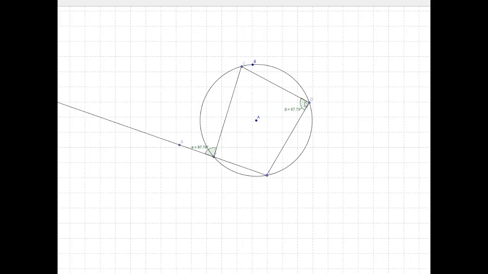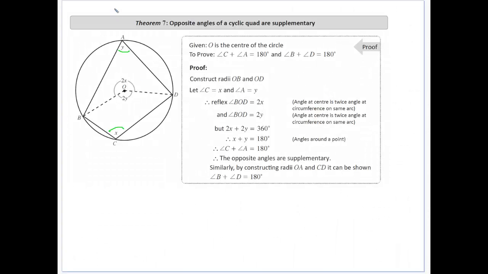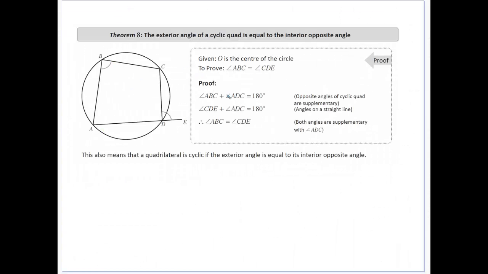So we can see the angle opposite there. So the exterior angle is equal to the opposite angle in the cyclic quadrilateral. And the proof's pretty easy, because if these two are supplementary and these two are supplementary, then they must both be equal. So ABC and ADC here, we know, because it's a cyclic quadrilateral, are supplementary.